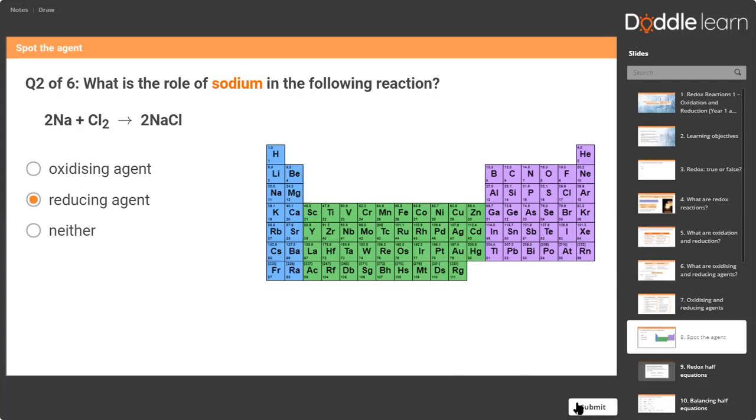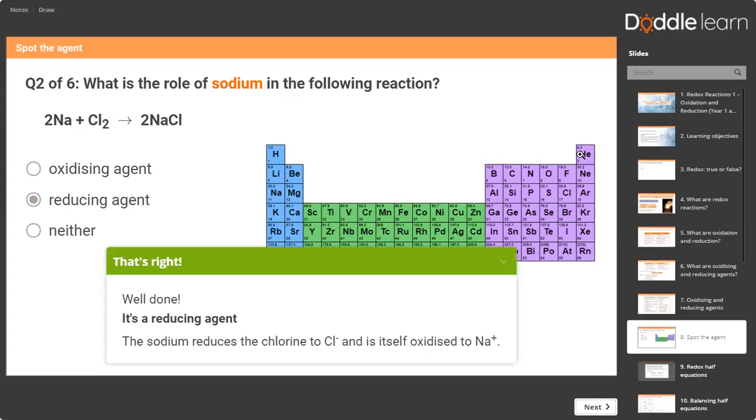I'm going to explain why. The sodium reduces our chlorine to chloride ions and is itself oxidized to Na+, which is how we can have this change. Therefore the sodium is a reducing agent.